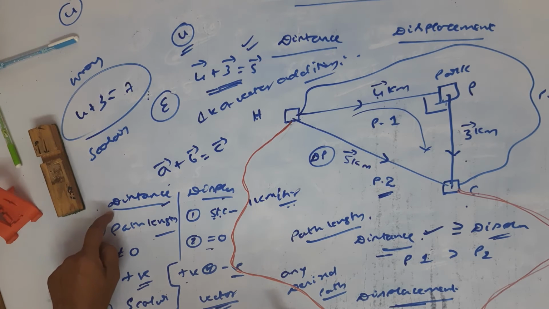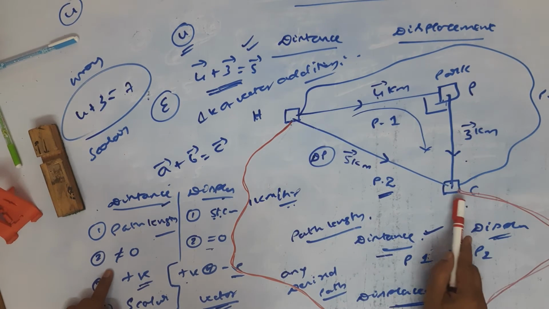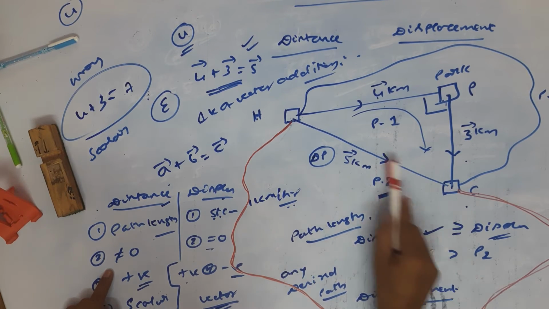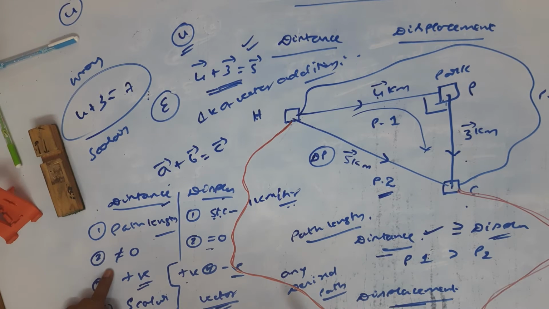Next, during the journey, distance is not equal to 0, because wherever you travel, the distance is not 0. Even if you come back again here, the distance is not equal to 0.